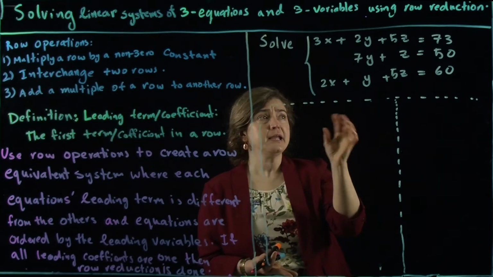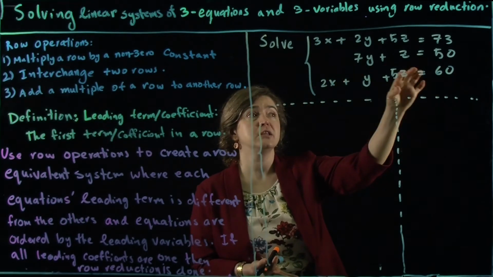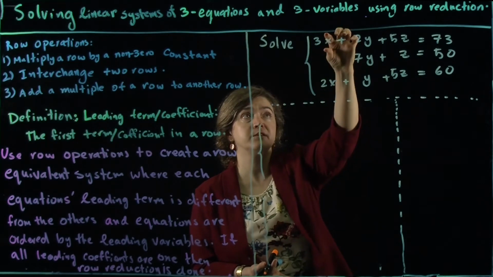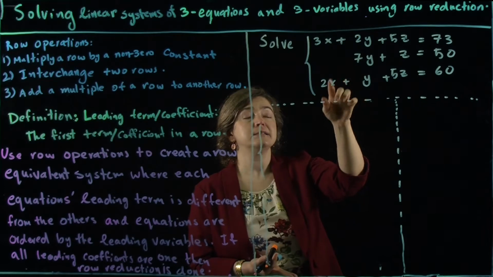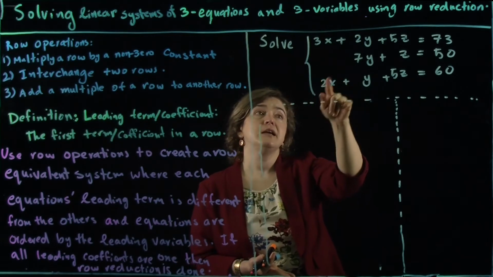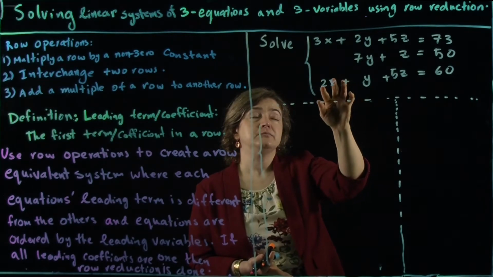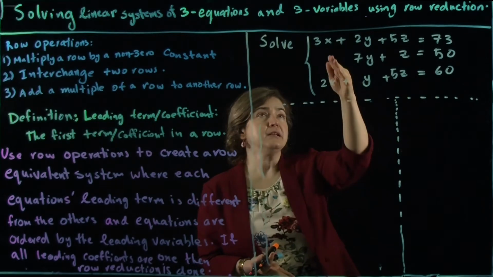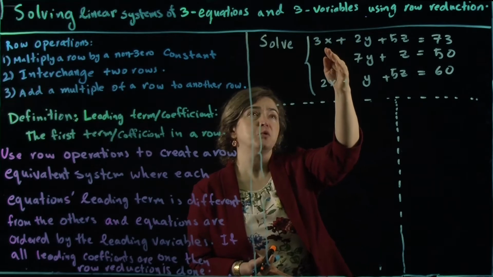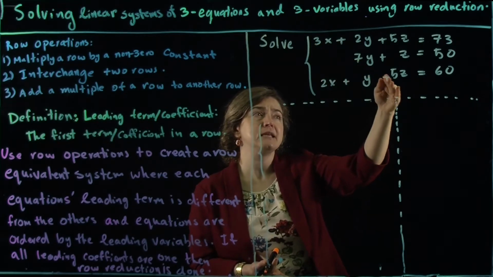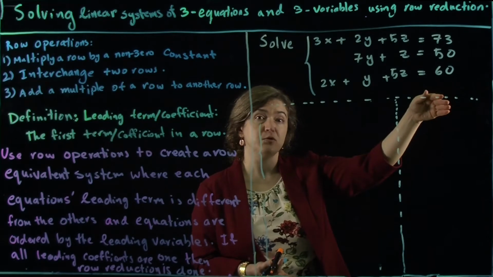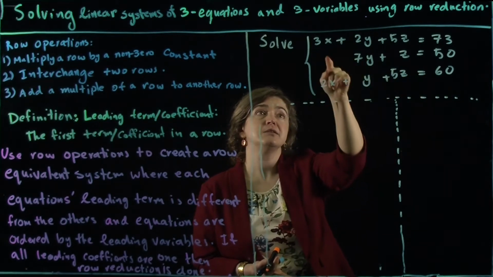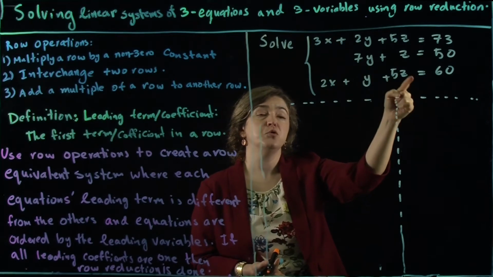And then the third row's leading term is not different from the first row, and the order is not followed either. So basically, the order part will create an indented system of equations. As you go, it has to indent in because your leading term moves on.